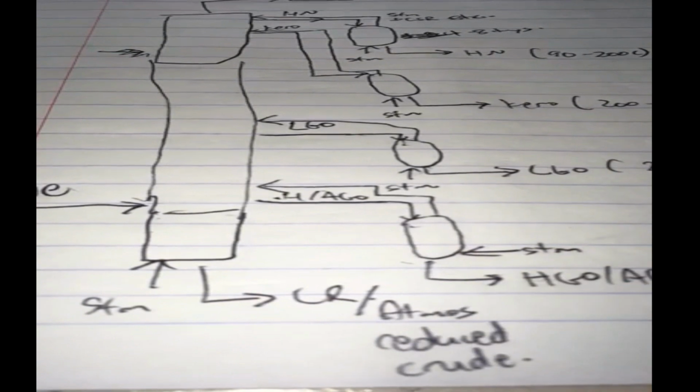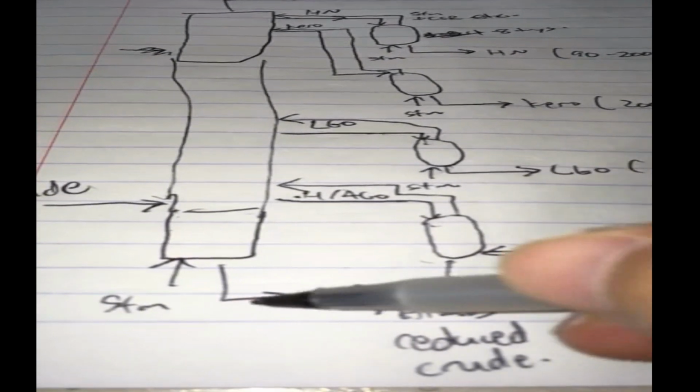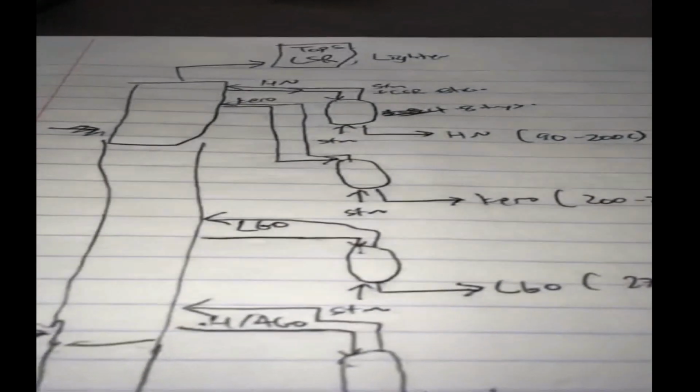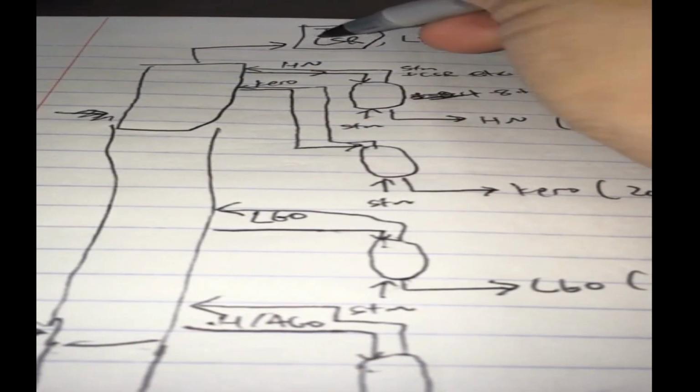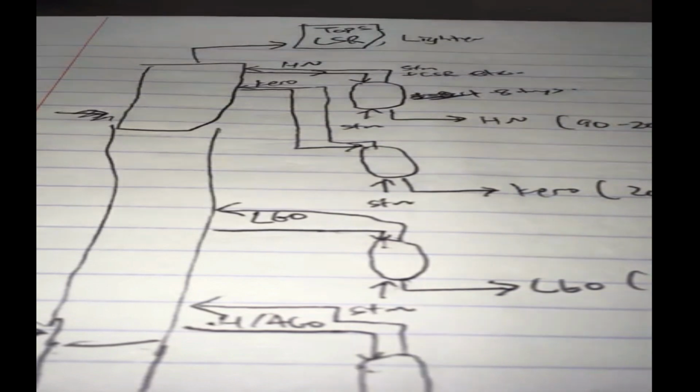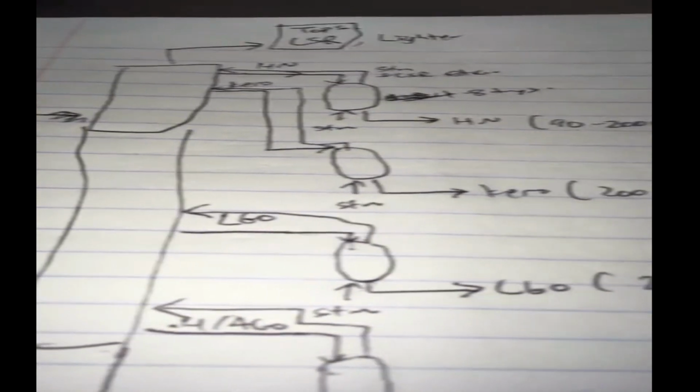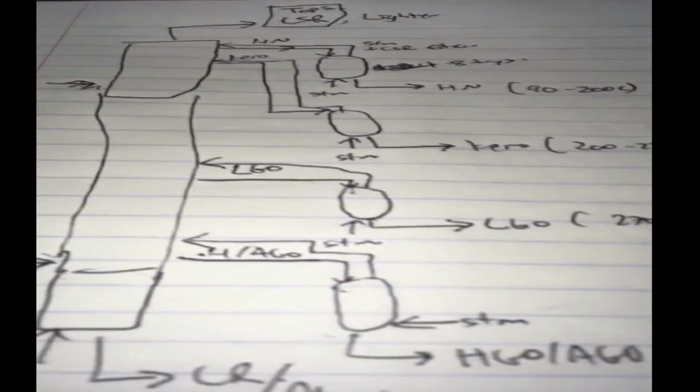And yeah, bottoms of the atmospheric tower, they also call it atmospheric reduced crude. Right. So you can see we have a lot of steam streams going up into this tower. And we have steam, a lot of steam, coming up into the tops of the distillation tower. And we have lighter stuff as well.